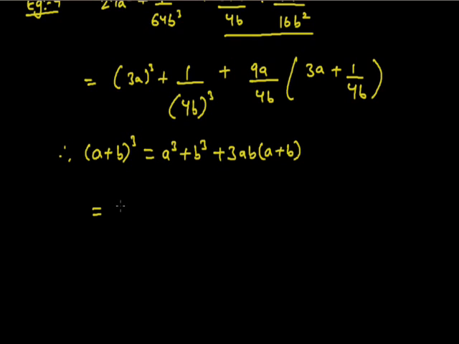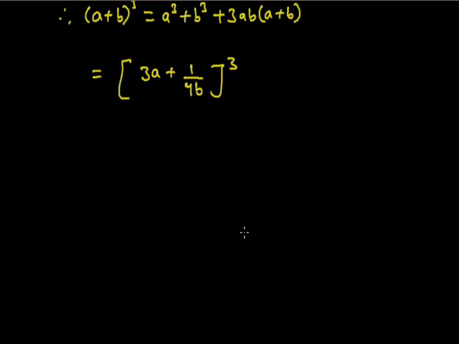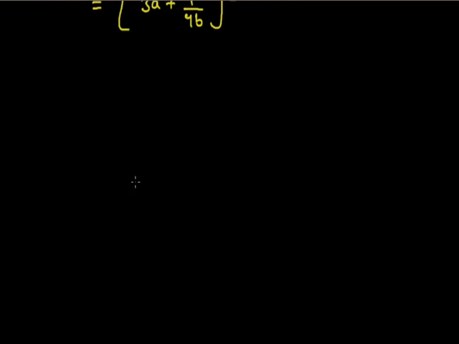So that's why we can write this whole term as 3a plus 1 by 4b whole cube. And if you open it, we get the same result as the question. So sometimes we need to use these identities also, and most importantly, we need to understand which identity is to be used where. Accordingly we convert it into the proper form, and then we do the factorization.